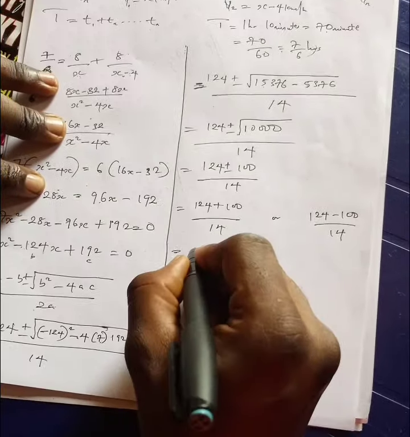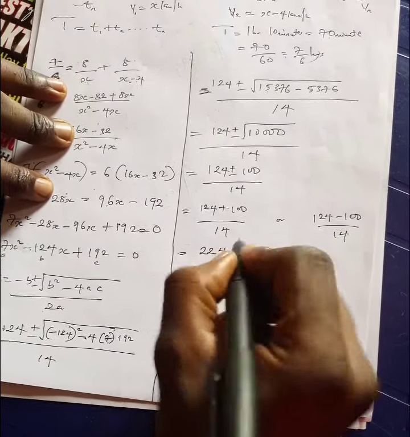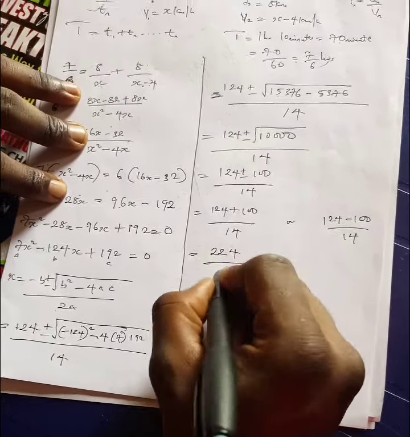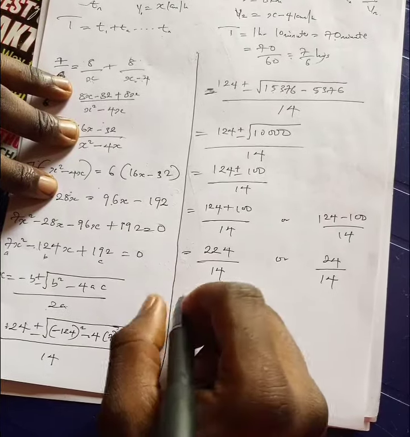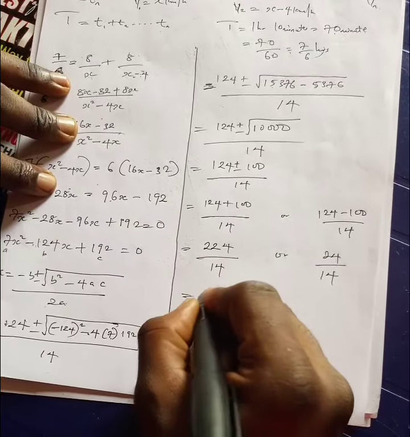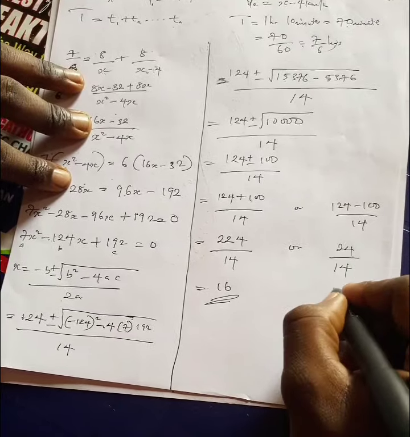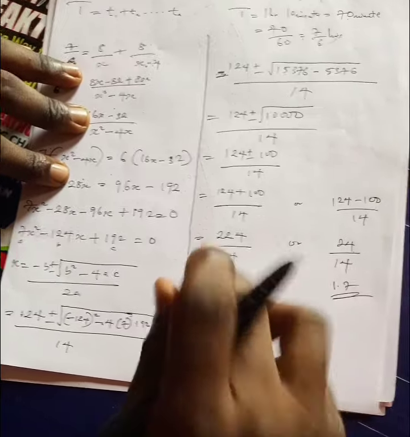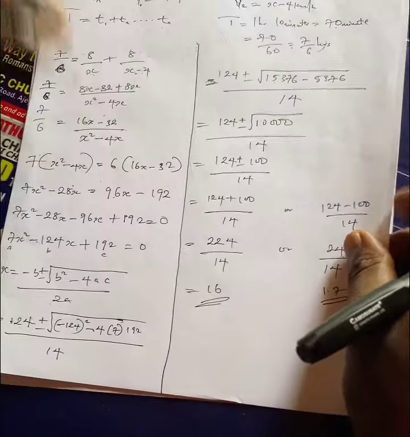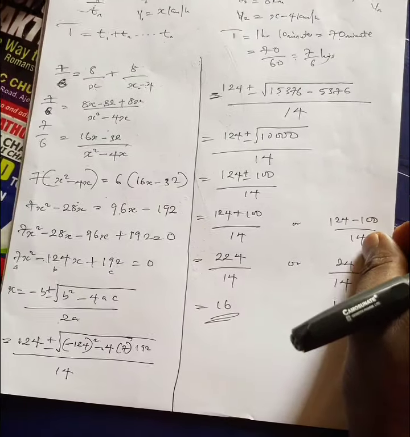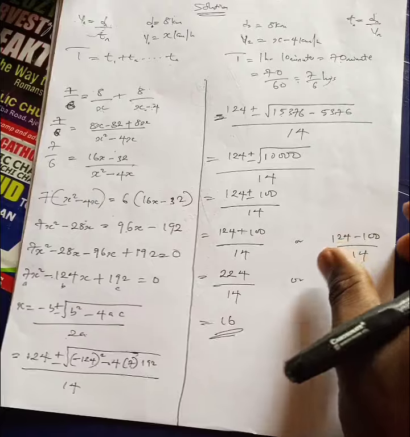Then this is 224 divided by 14, or 24 divided by 14, where 224 divided by 14 will give me 16, which is my answer, and this will give me 1.7. So 16 is the correct answer to this particular word problem.